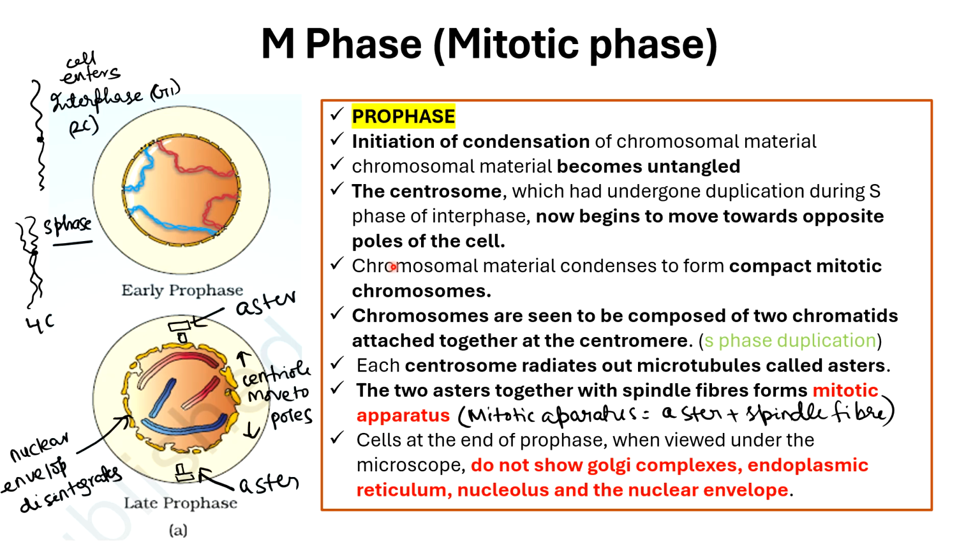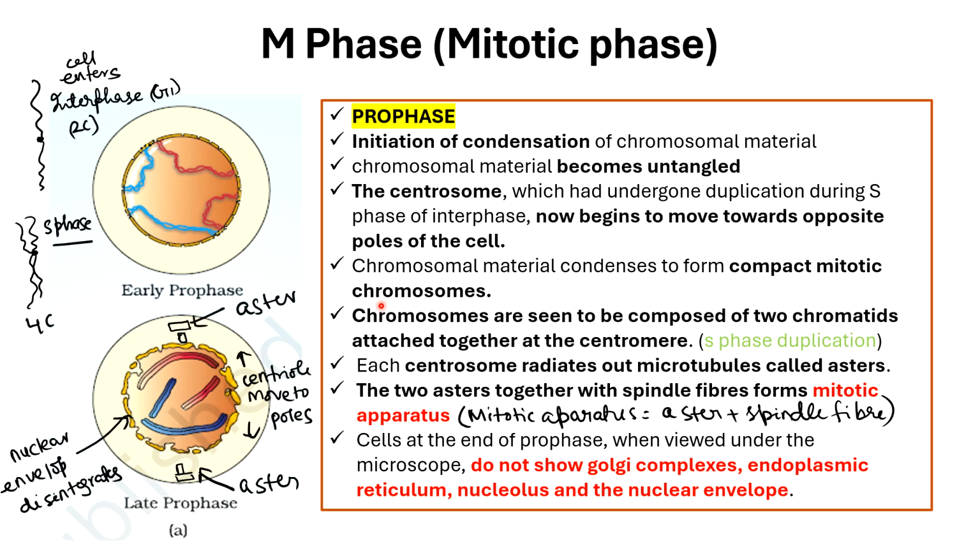So in the first stage of mitosis, that is your prophase stage, there is condensation or untangling of the chromosomal material. Okay, so see, this is your initial prophase, and by the end of the prophase, the chromosome has considerably thickened up and we can individually see them.